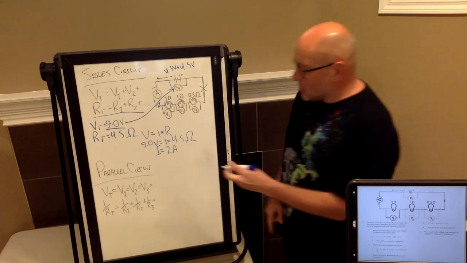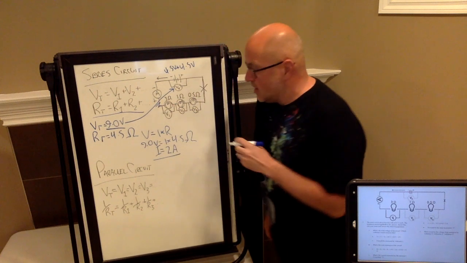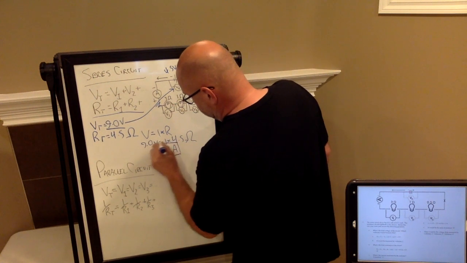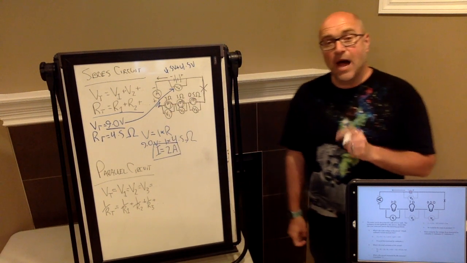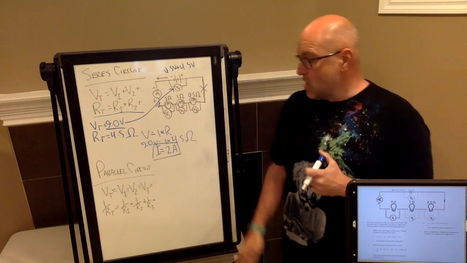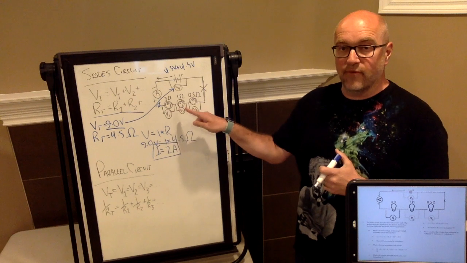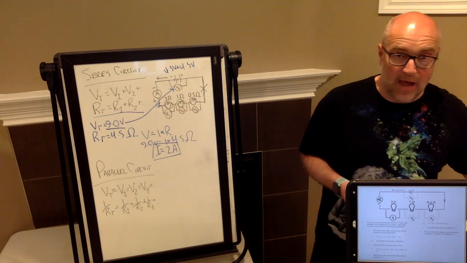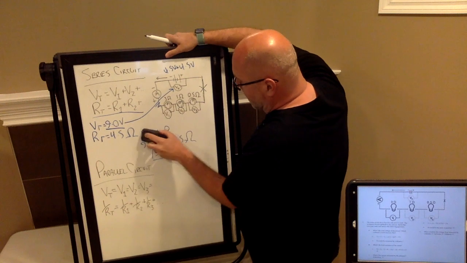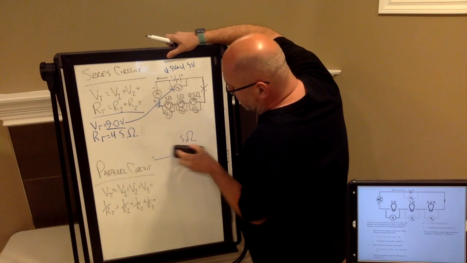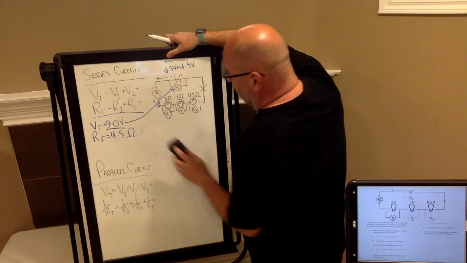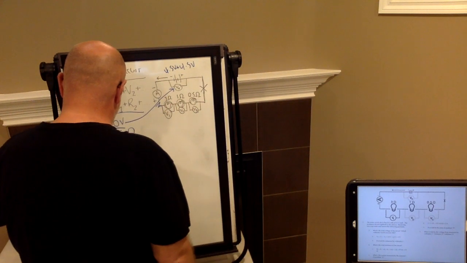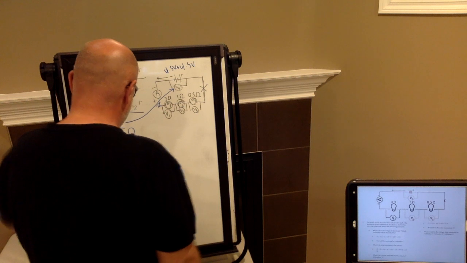Now that I've got my current, and I know my current doesn't change, I know what my current is. Now I can calculate all of my voltage drops over voltmeter 1, voltmeter 2, voltmeter 3. Because I've got my current now, which is 2 amps, and I also have my resistance over each of those voltage drops. So I've got my I equal to 2 amps.